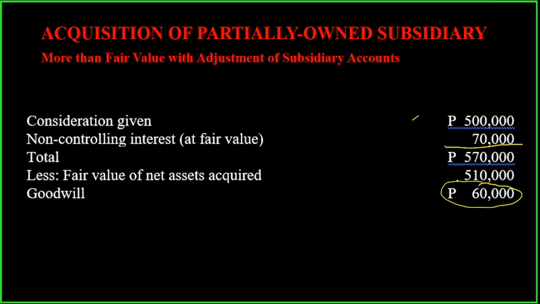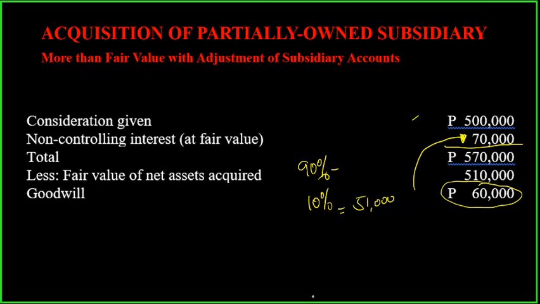Sir, it's a bit confusing. Why? Sir, if the fair market value is 510, 90% of that was acquired, 10% will be for your non-controlling interest. If you try to compute, what is 10%? It's 51,000. How come this is 70,000? That is a valid question.